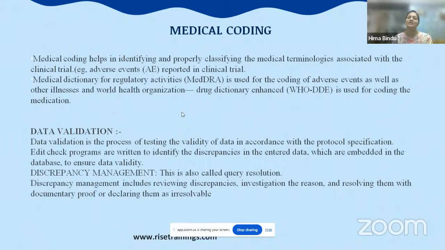If you are entering just 70, the database will not accept. It will ask you to enter the units. Like that, they will keep some edit checks. Until and unless you do that, it will not go to the next page. Those edit checks will be kept by the database, and we have to follow them when we are doing the data validation process.